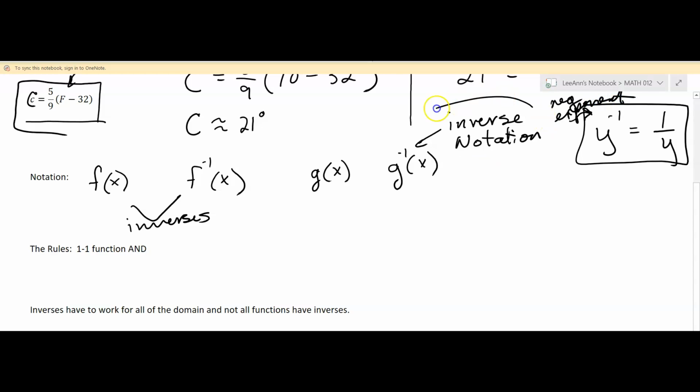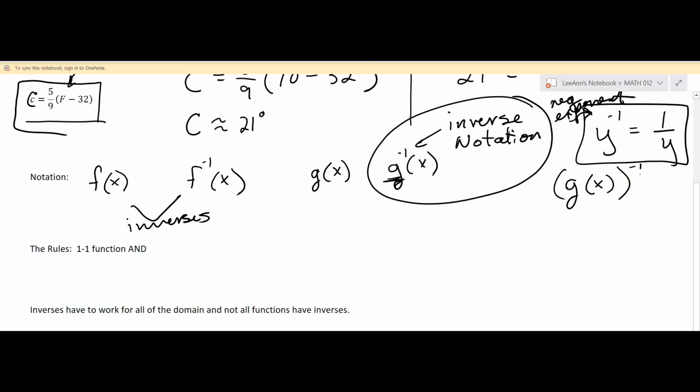But this is inverse notation, and it's inverse notation because it's on the name of a function. Now, if you really wanted to take your function to the power of -1, you could do that. You could write g of x, and then raise that whole thing to the -1 power. But let's not get too complicated here.